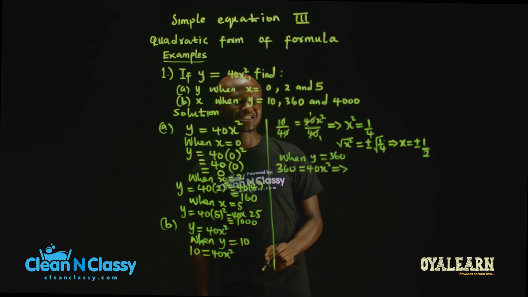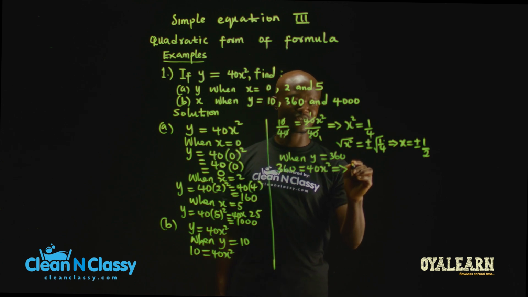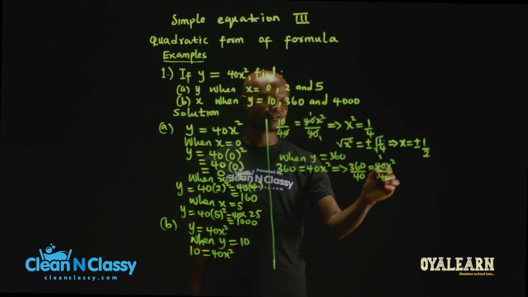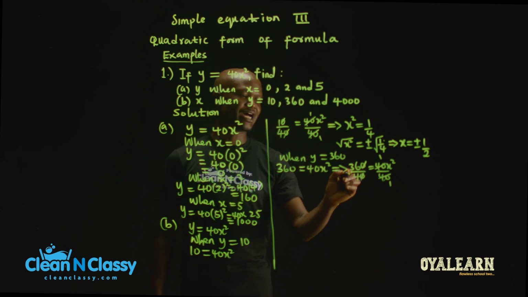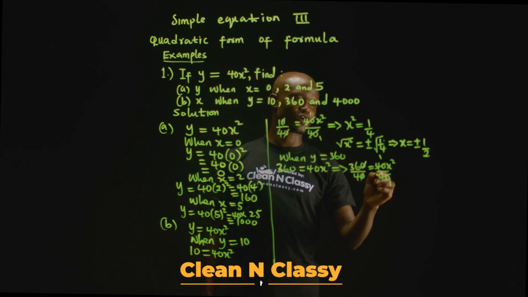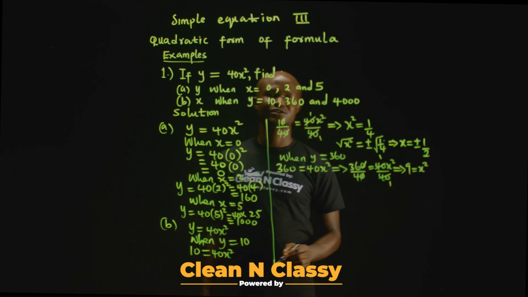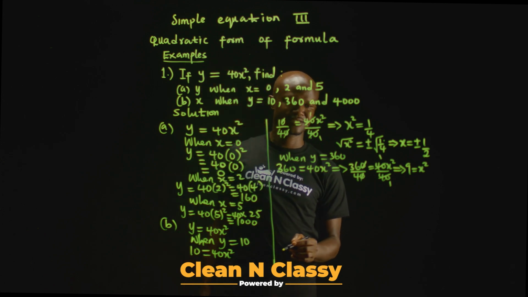We need to divide both sides by 40. 360 divided by 40 equals 40x squared divided by 40. The 0 cancels 0 here, and we now have 36 divided by 4, which is 9. So we have 9 equals x squared.